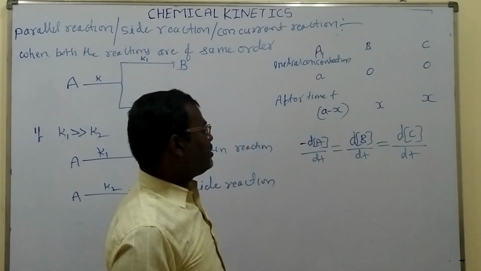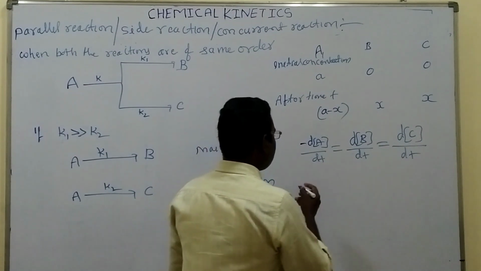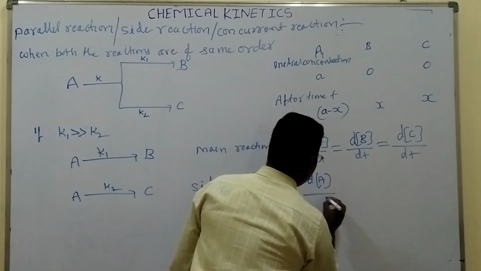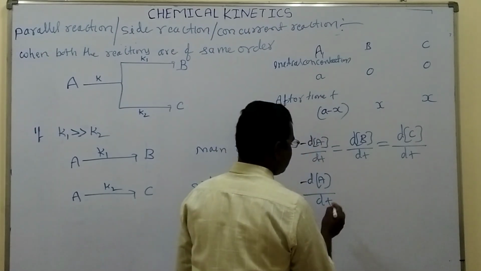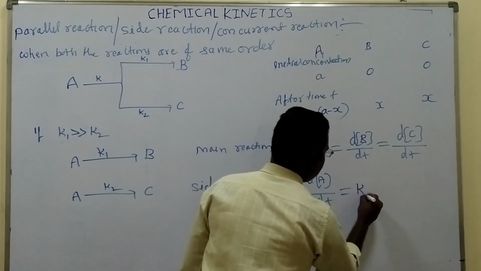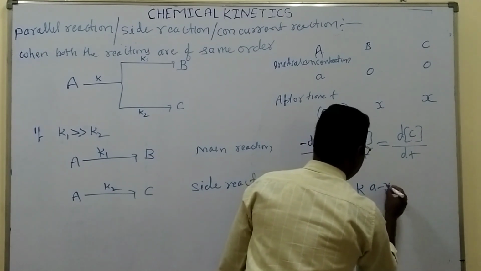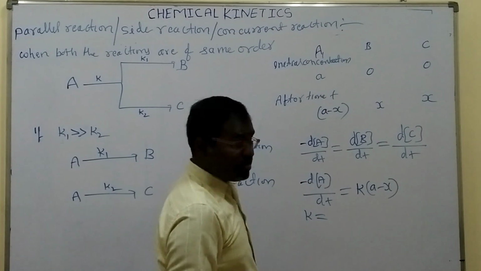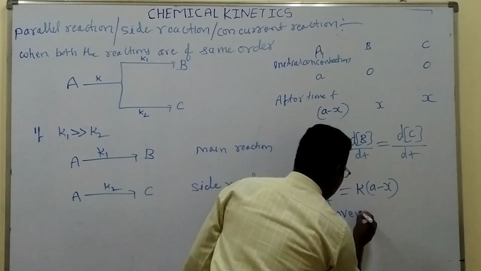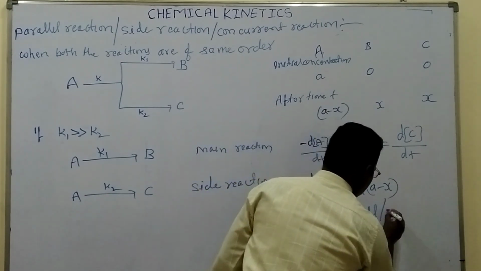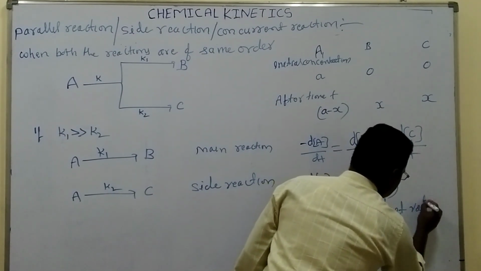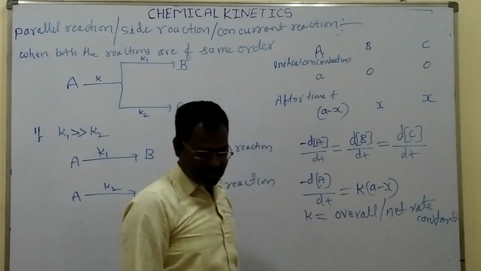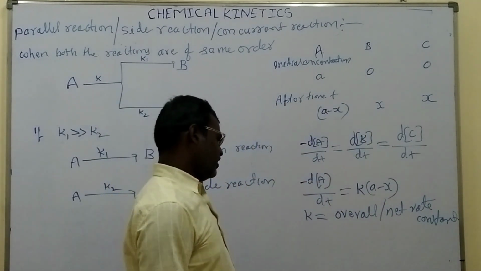In other words, minus dA by dt is equal to K into (a minus X), where K is the overall or net rate constant.